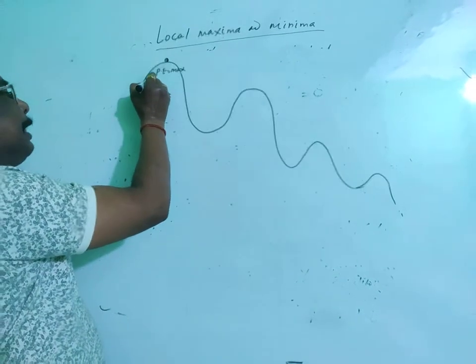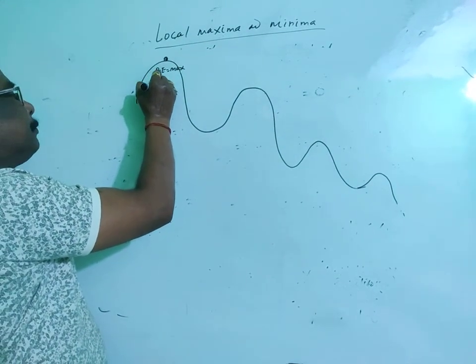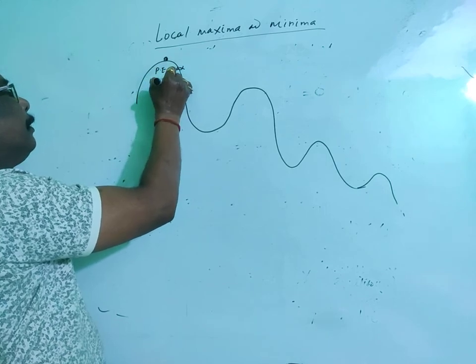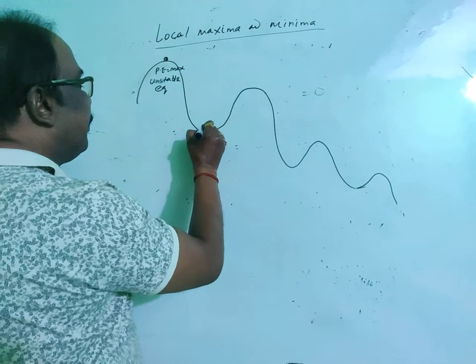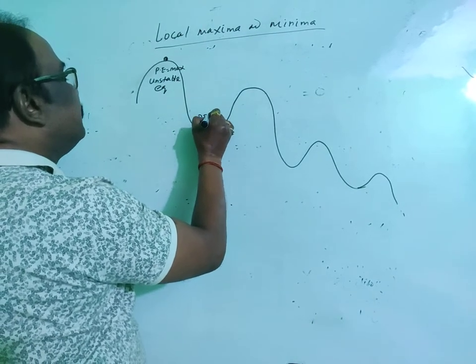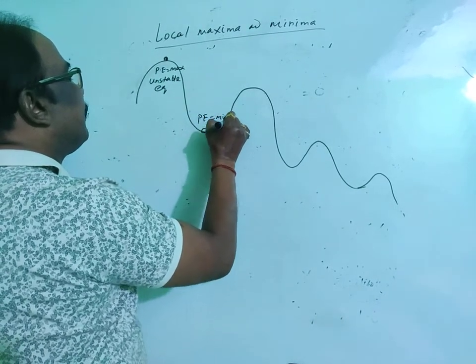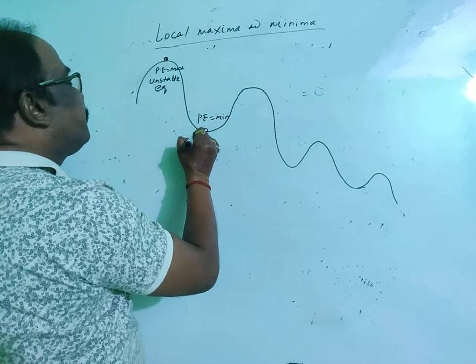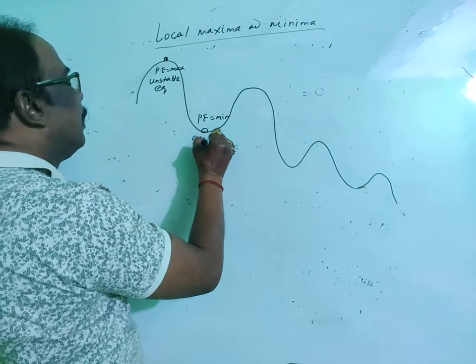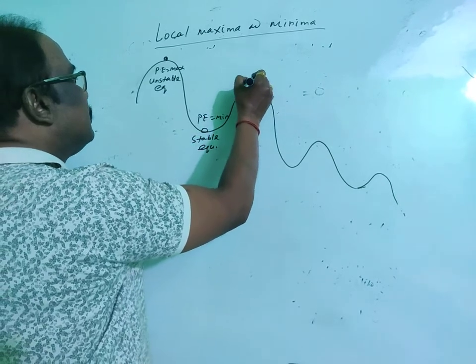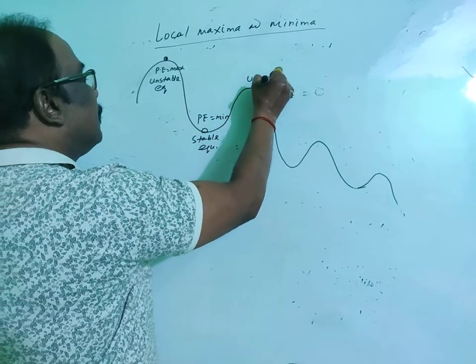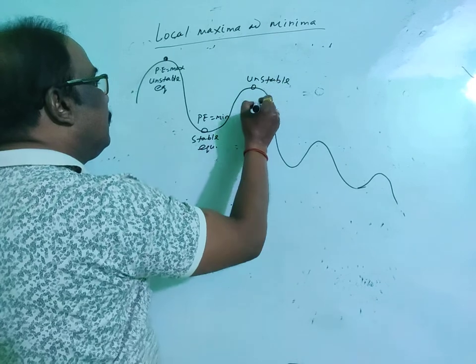And if potential energy is maximum, this is the position of unstable equilibrium. And here potential energy is minimum, then this is the position of stable equilibrium, and accordingly this is unstable equilibrium.